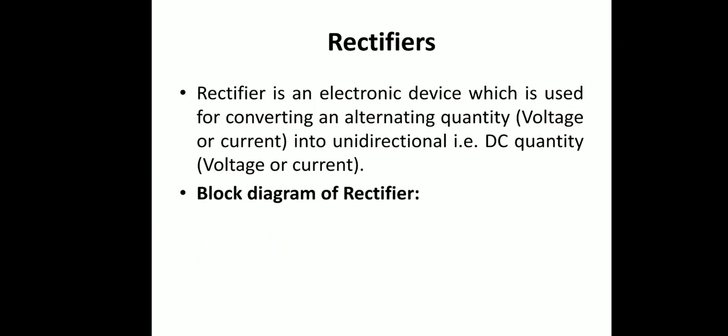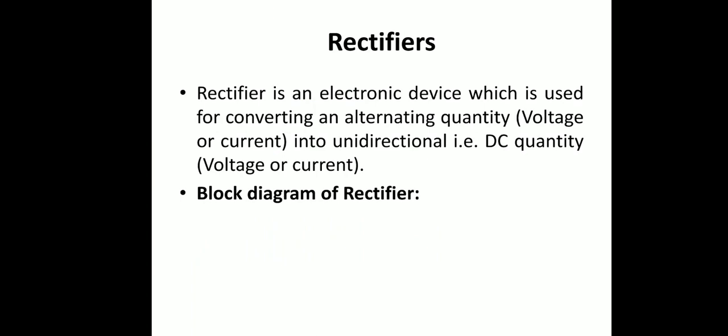So that diode is mostly used in rectifiers. Rectifiers have various types: the half wave rectifier, then the full wave rectifier. Again, the full wave rectifier is divided into full wave rectifier with 2 diodes and full wave rectifier with 4 diodes, which you can call the full wave bridge rectifier. So this is about the types of rectifier.